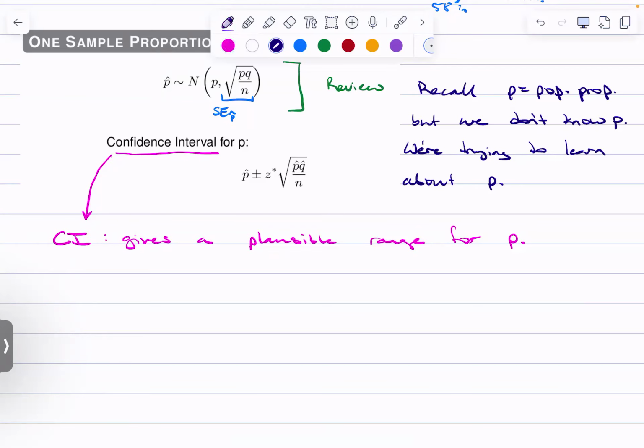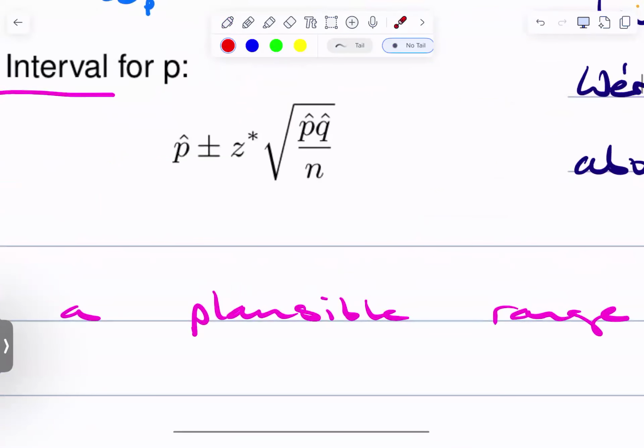Now, if we talk about confidence intervals, I'll zoom in and then write it out properly. We've seen something like this before, though we didn't call them confidence intervals. I have my best guess at what P might be, P hat, from my sample. Then we'll talk about this Z star.